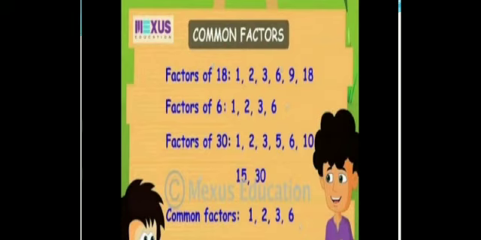Now here we can see all the three numbers are having 1, 2, 3 and 6 as their common factors. All these three numbers are having these four factors in common. So 1, 2, 3 and 6 are the common factors of 18, 6 and 30, and among these common factors 6 is the biggest one. So 6 is the greatest common factor of 18, 6 and 30, right?